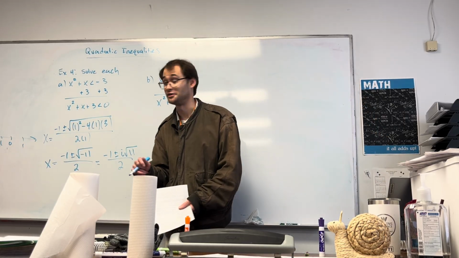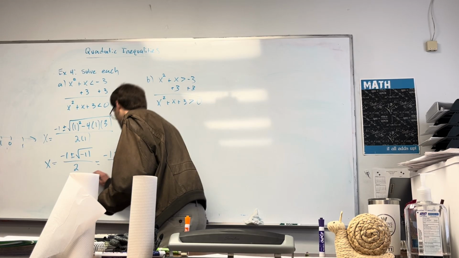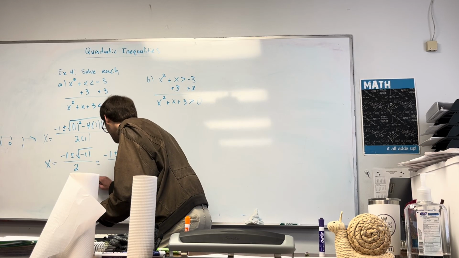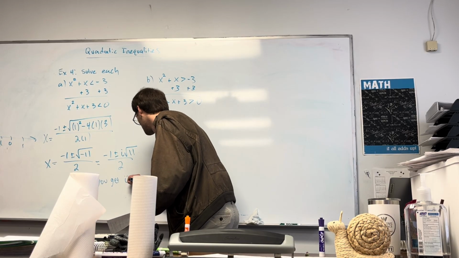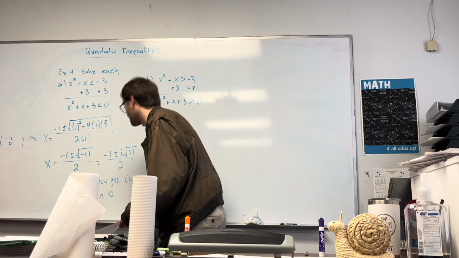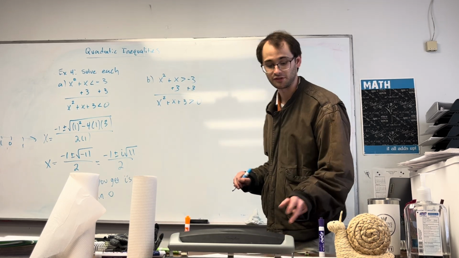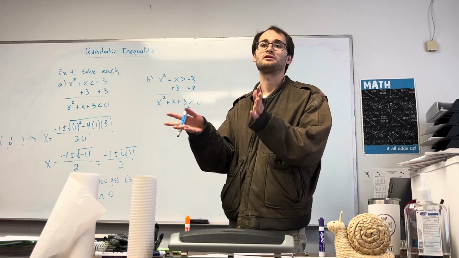Thankfully, there's a simple way to do that. When you get i's, plug in 0. That's the number we're going to use as our test point, our critical value, I should say.